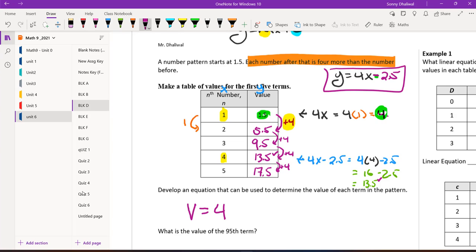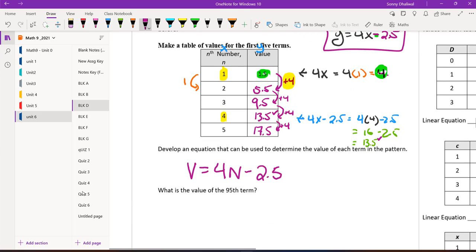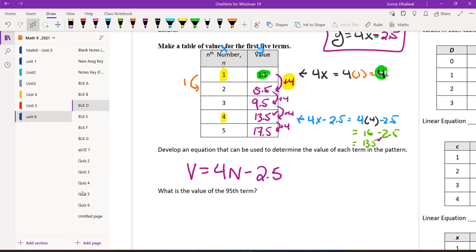Instead of x, what should I use? N, for number. So v equals 4n minus 2.5. If you see this right off the bat, you can start using v's and n's right away. You don't have to use x's and y's. I like using x's and y's because you'll use them a lot next year for equations. So now you have an equation that you can use to determine future patterns.